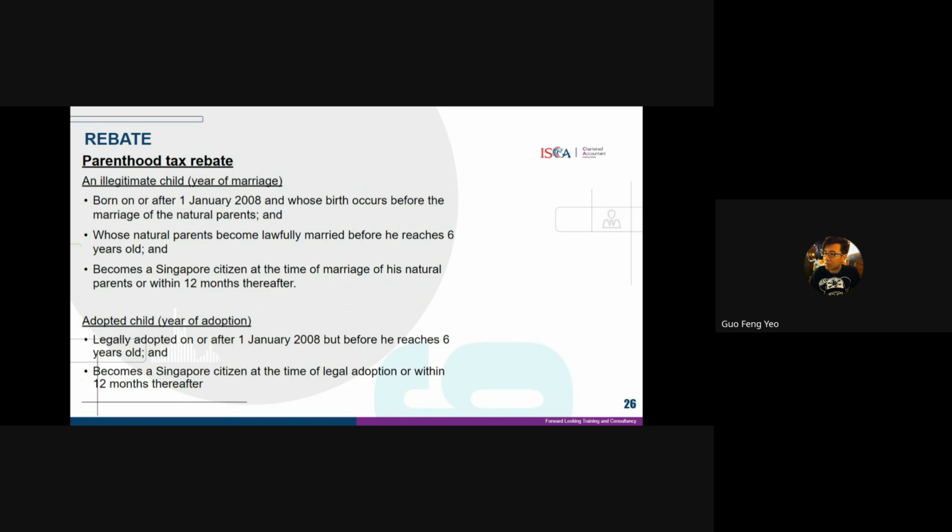For an adopted child, this only applies if they are legally adopted on or after 1st January 2008, but before the child reaches 6 years old, and become a Singapore citizen at the time of legal adoption or within 12 months thereafter.